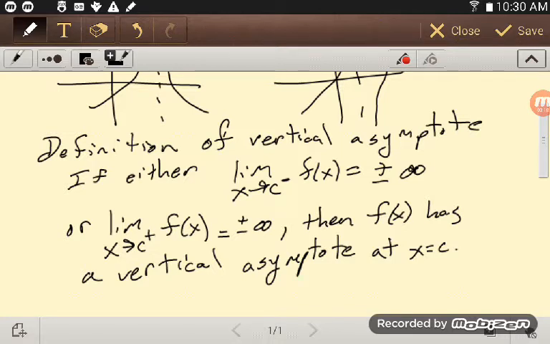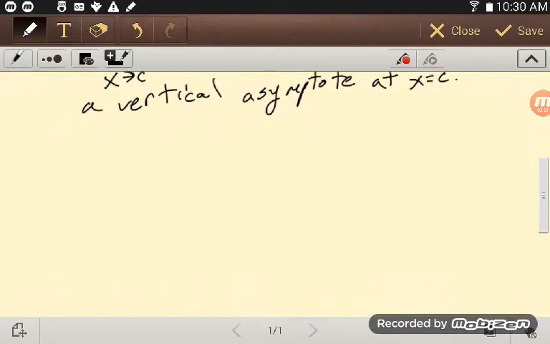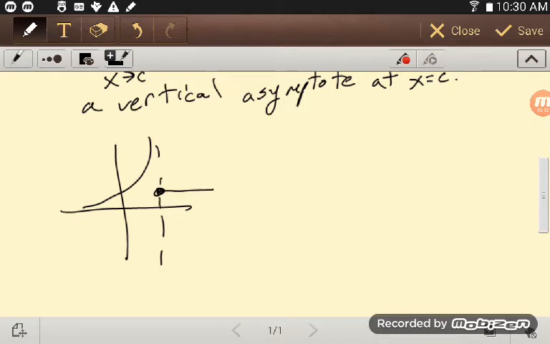Okay, and so just to point out what the definition says, here we'll put c about there. That's showing a vertical asymptote because as x approaches c from the left, we head off toward positive infinity.